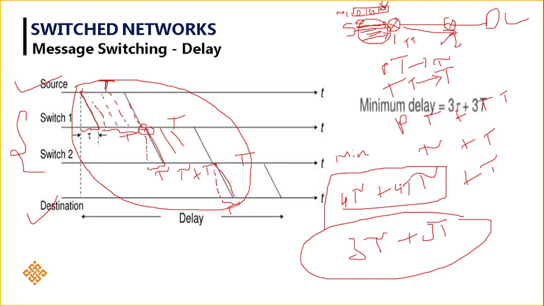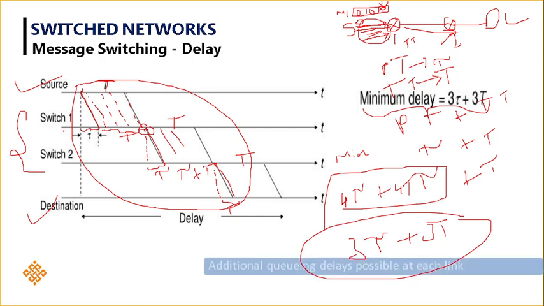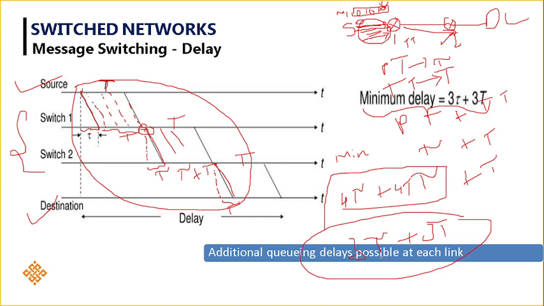So the minimum delay is 3 tau plus 3T in case there are 2 switches, and additional queuing delays are possible at each link, however I am neglecting it. This is how you need to calculate the delay between the source and destination based upon the number of switches in message switching. Hope you understood.